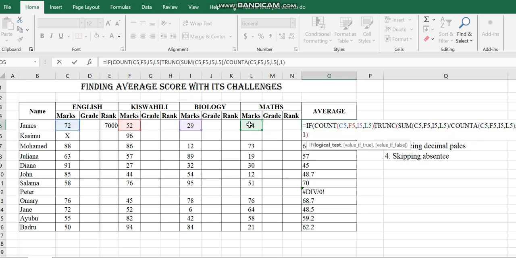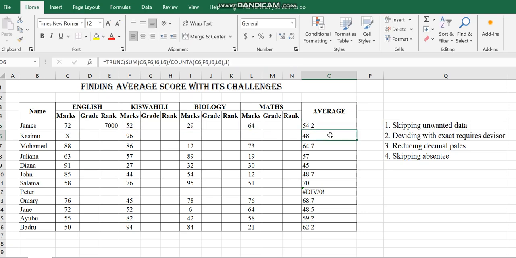After counting, you will see the total subjects which have been done equals 0. Then this person has not done completely. What are we supposed to do? Then it has to be left blank. Otherwise, the formula should go on. So long as we've added this, then at last we should also add another closing bracket like this one.